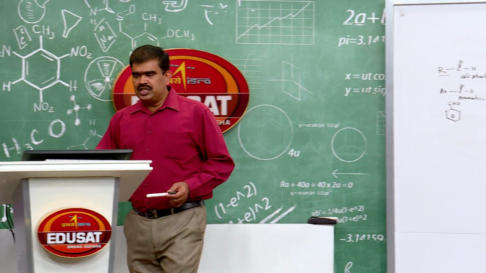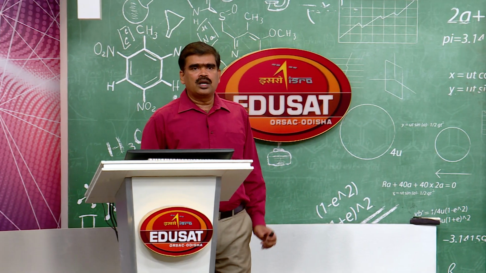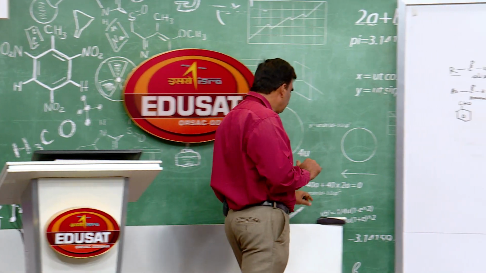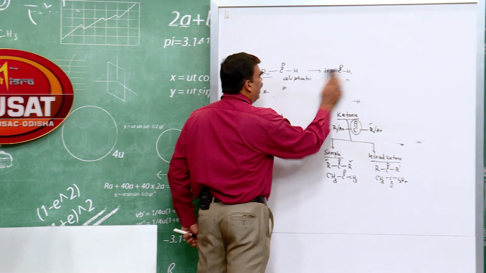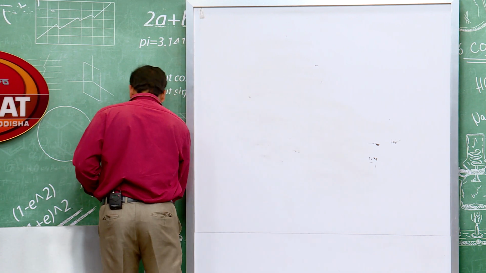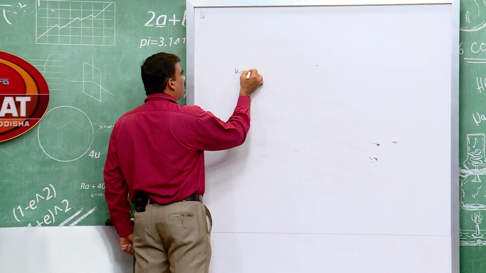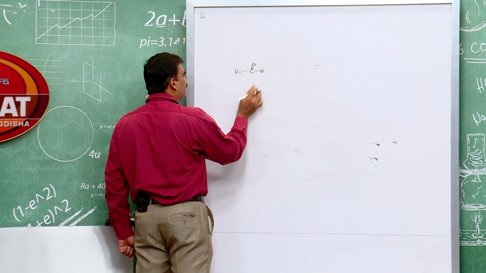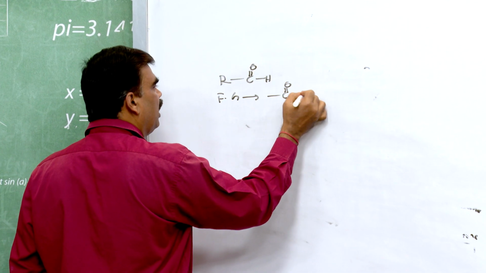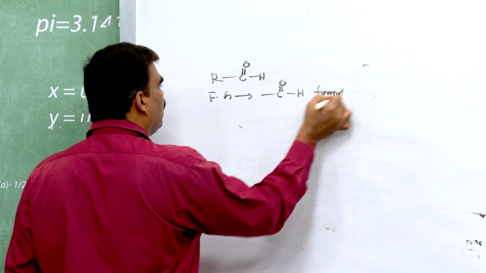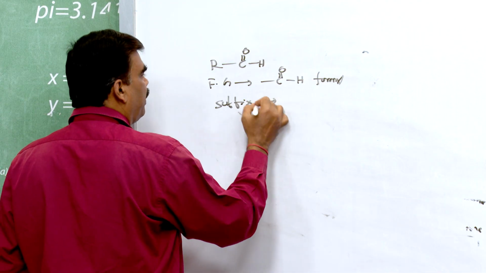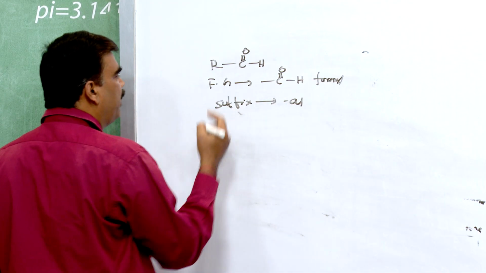Then let us discuss the nomenclature of aldehydes. Aldehydes, RCHO, general molecular formula is RCHO, functional group is CHO, this is called formyl, and the suffix is AL.